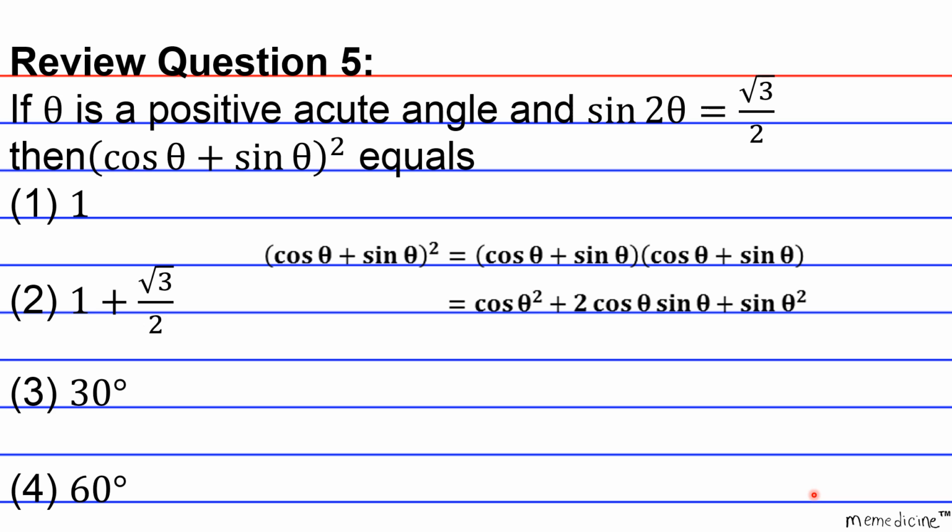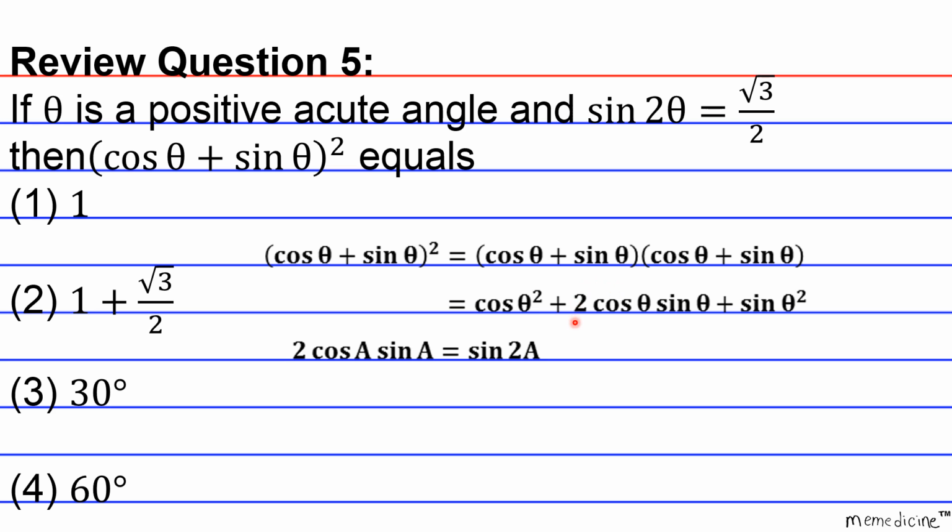Alright, so hopefully you're not worn out by now. And the next thing that I want you to do is recall something, okay? I want you to recall the double angle formula for the sine. So the sine of 2a, or the sine of the double angle, is equivalent to 2 the cosine of that angle times the sine of that angle.